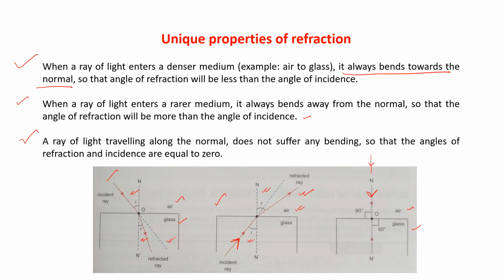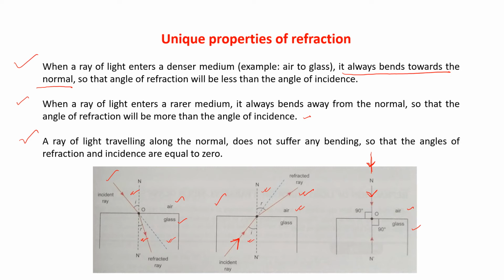So this incident ray is traveling along the normal only. That means your incident angle and the refracted angle both will be 0. Have you understood? The angle between the refracted ray and the normal is 0, and the angle between the incident ray and the normal is 0.